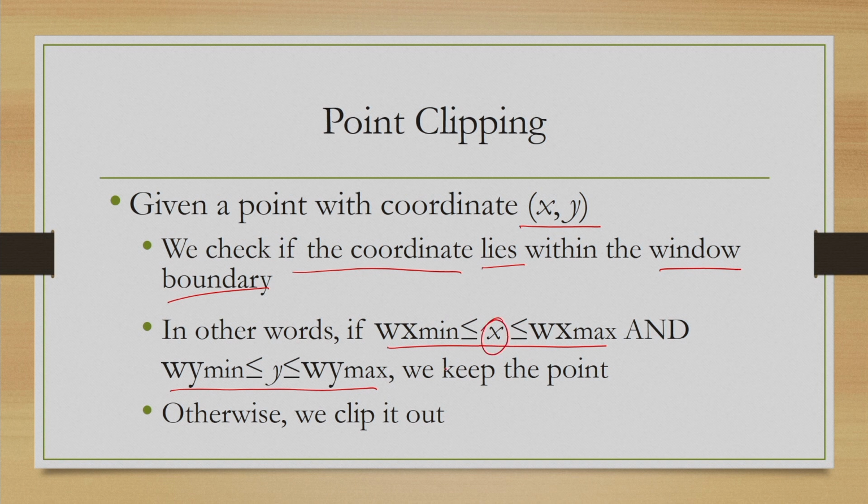Here we are checking the x value against the window boundaries and the y value against the window boundaries to determine whether they are inside or outside. If it is inside the boundary, we keep the point, otherwise we clip it out. That is a very simple idea.